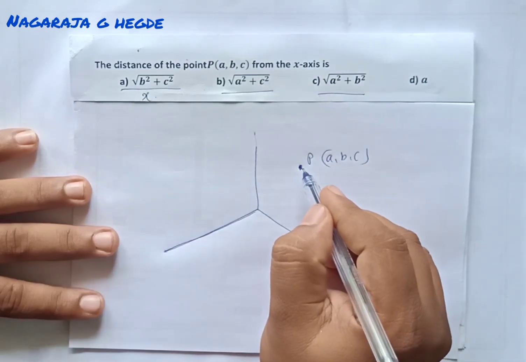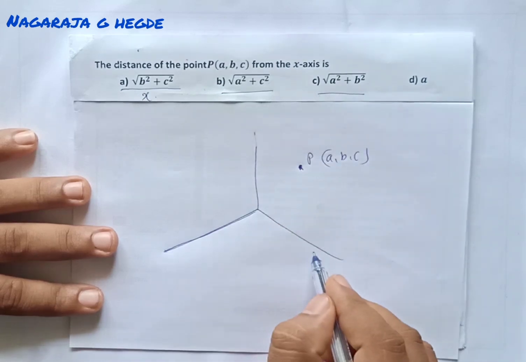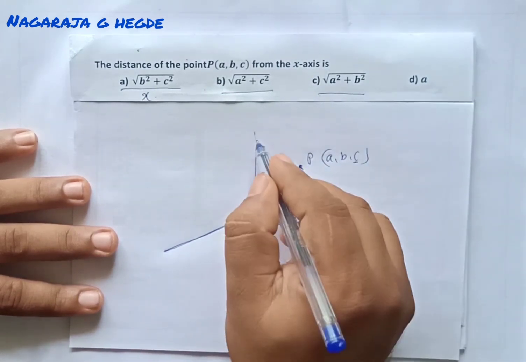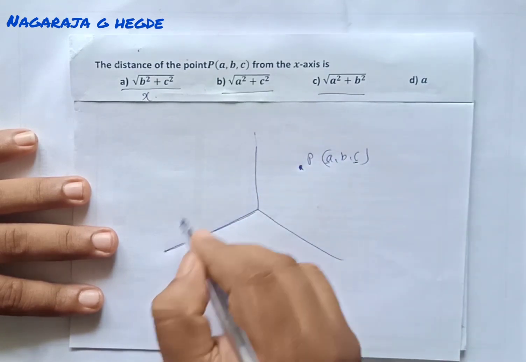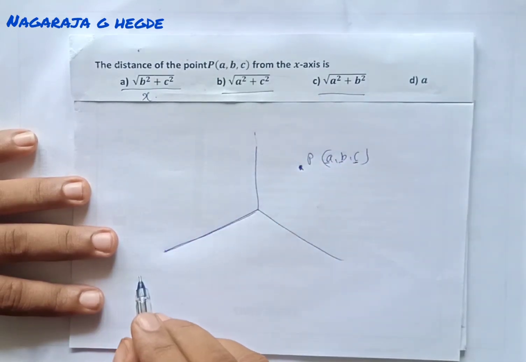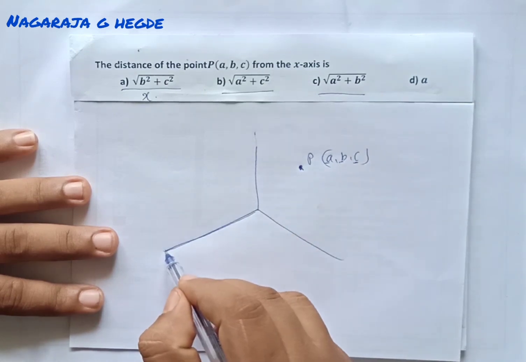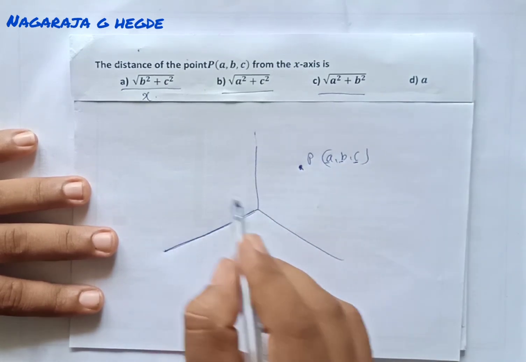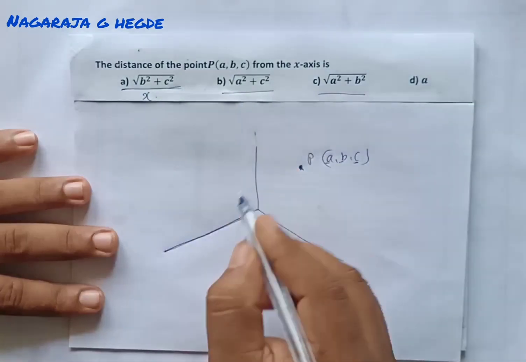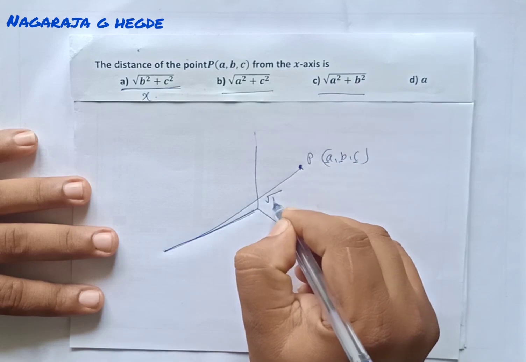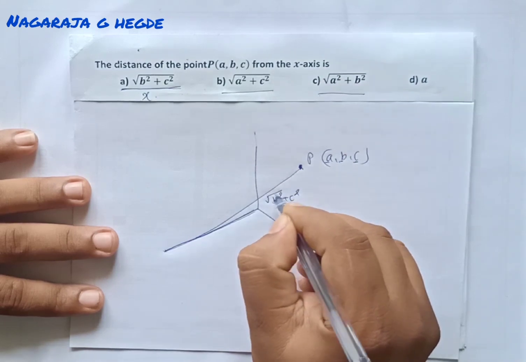We know that the distance from the point to the xy plane is the z coordinate, to the yz plane is the x coordinate, to the xz plane is the y coordinate. But here the question is the distance from the point to the line, the x-axis, that is always given by root of b square plus c square. Remember.